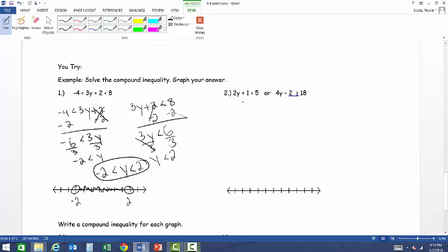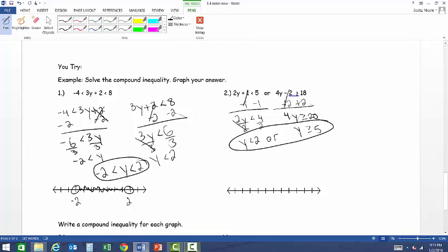Now we go on to number 2. So you should get 2 answers. Make sure you put the word or in between them.